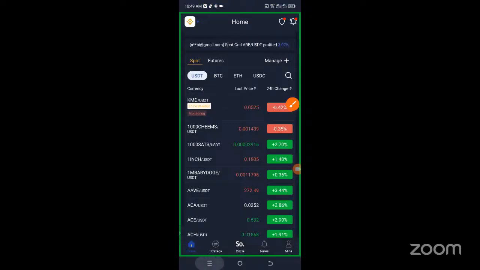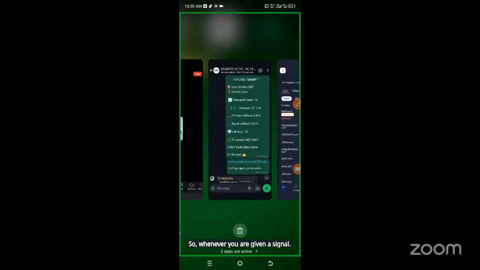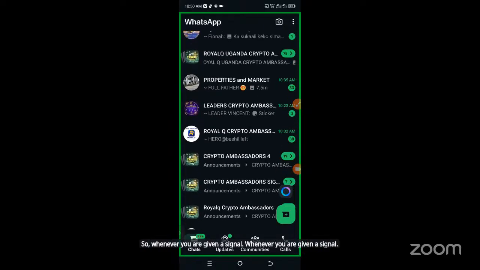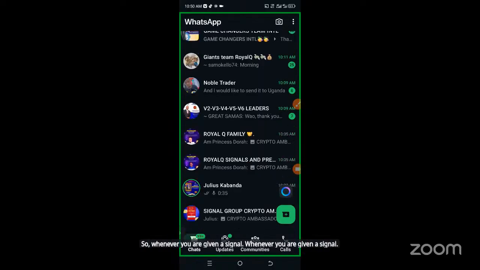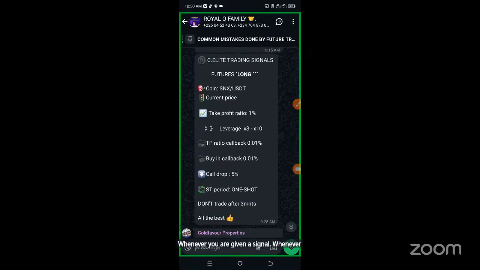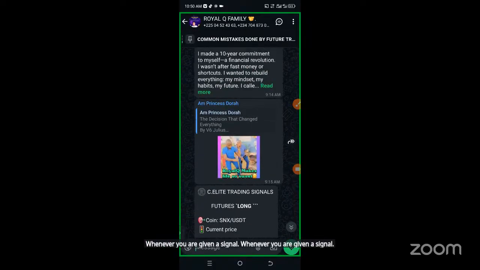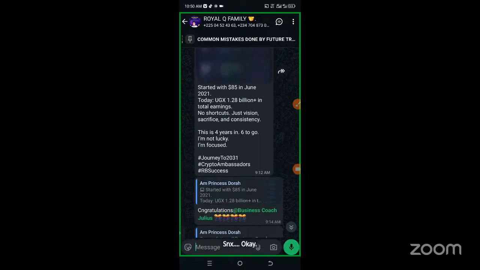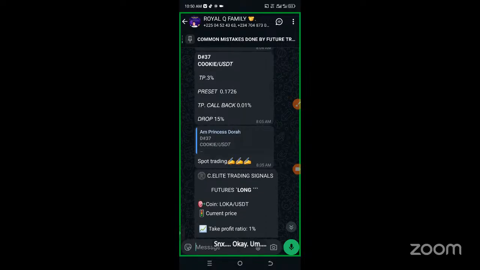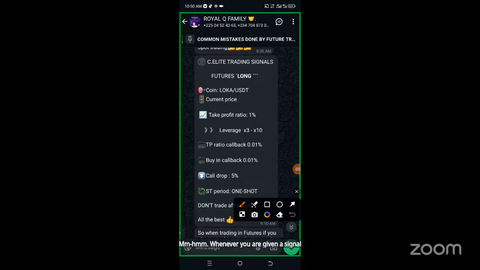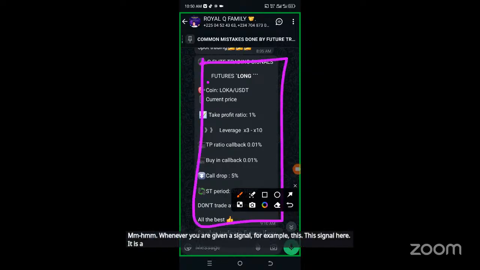So whenever you are given a signal, SNX, okay. Whenever you are given a signal, for example, this signal here, it is a futures trading signal.